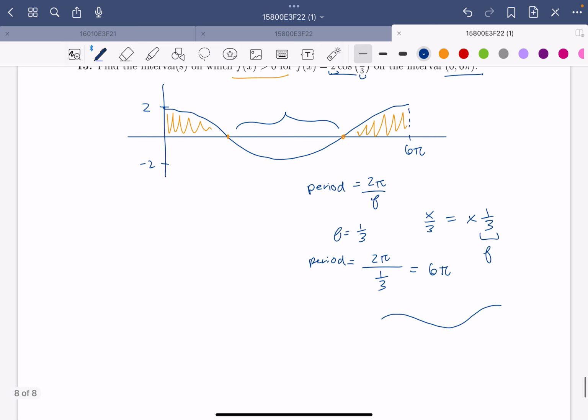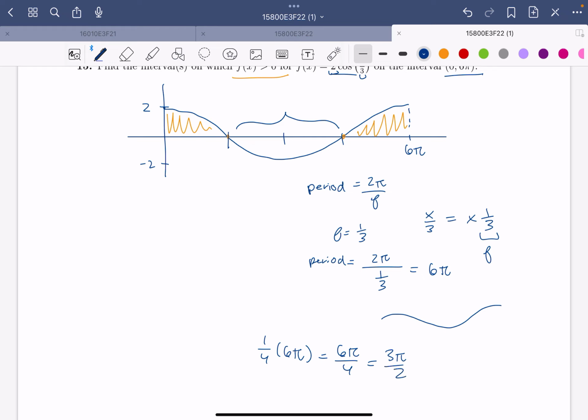Now, let's go ahead and find where that would intercept the x-axis. So when you have an entire cycle or a period, it can be cut up into 4 chunks. So the quarter of the whole period equals 6 pi over 4, or 3 pi over 2.